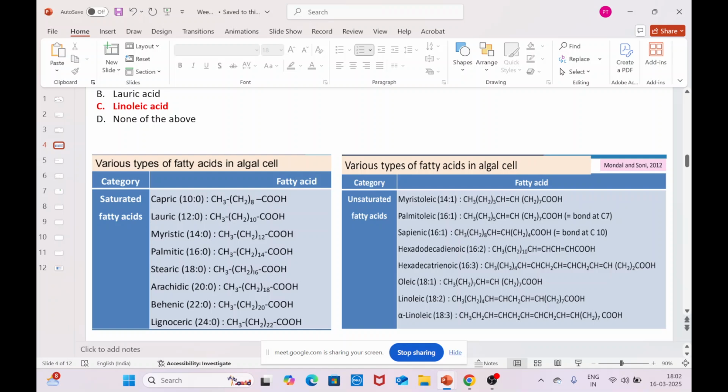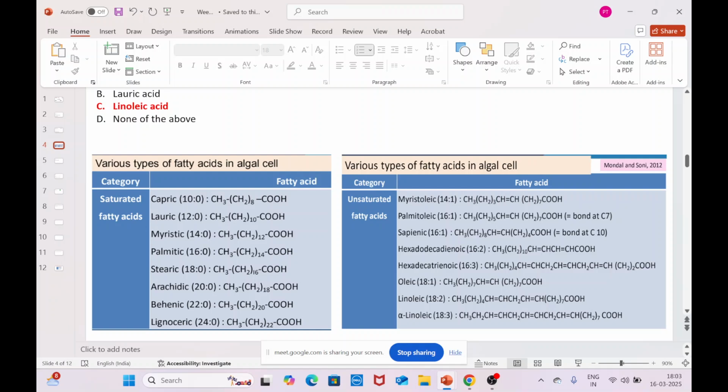In saturated fatty acids, you have capric acid, lauric acid, myristic acid, palmitic acid, stearic acid, arachidic acid, behenic acid, and lignoceric acid. And in case of unsaturated fatty acids, again, the names are typically very similar. If you see 14:0 and 14:1, myristoleic acid, and 16:1 is palmitoleic acid.